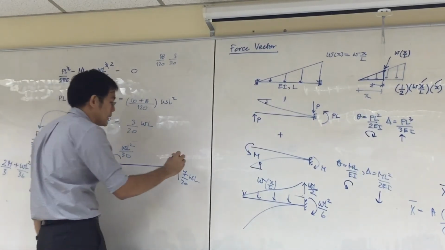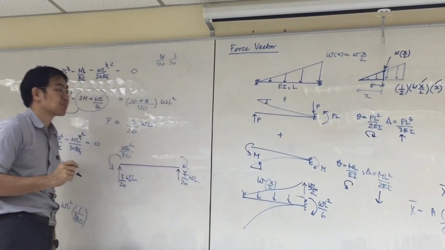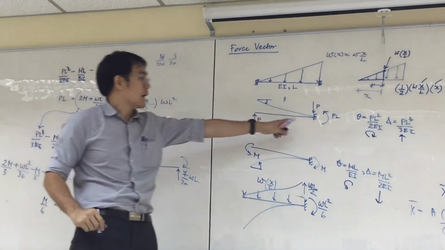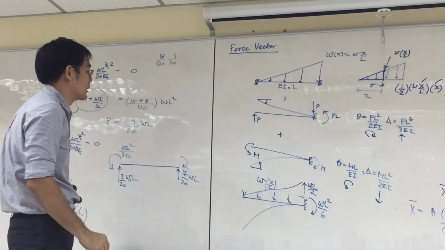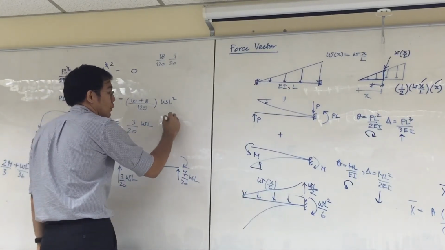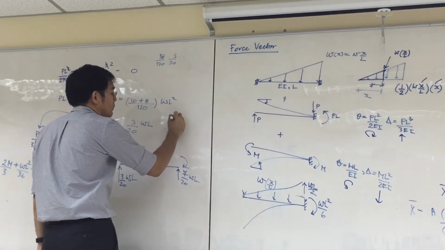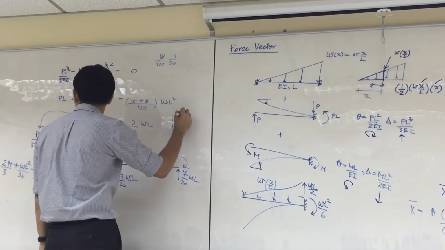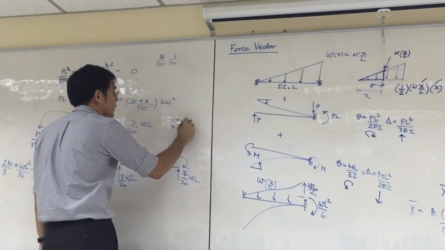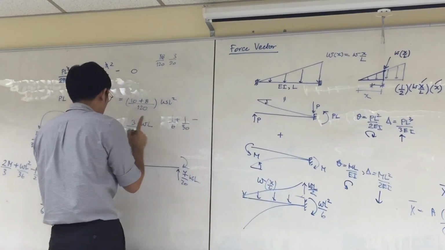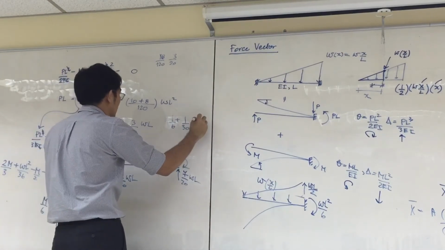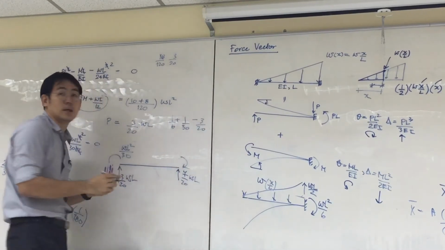You determine the moment over there. PL, M, and WL square over 6. So that makes the WL square over 6 plus the M, which is 1/30, and then minus the PL. P is this one, so 3/20.